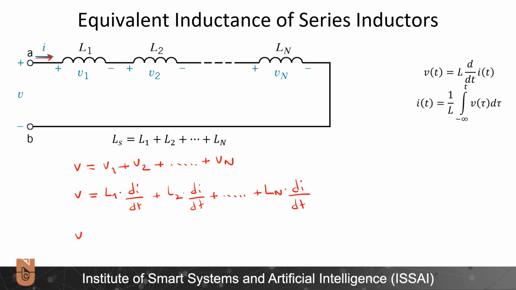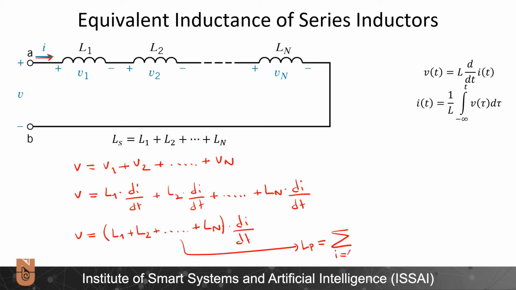Let us collect all the L terms, and I end up with (L1 plus L2 plus ... plus Ln) times di/dt. I can write this term as L series and write it in a more compact form using the summation operator.